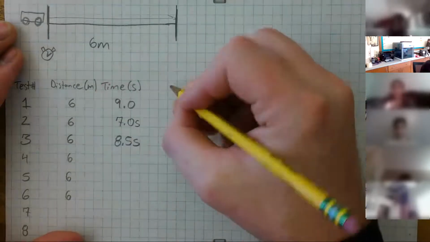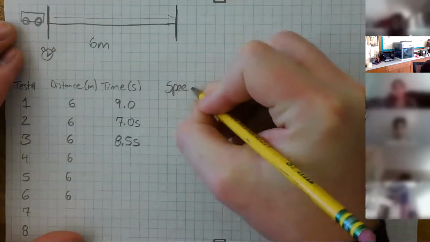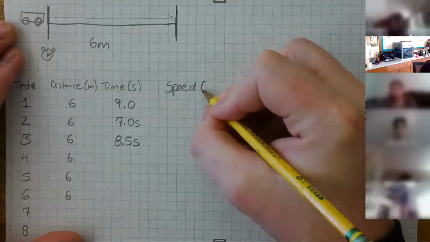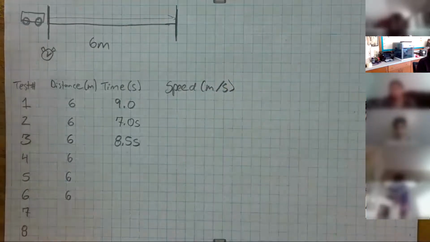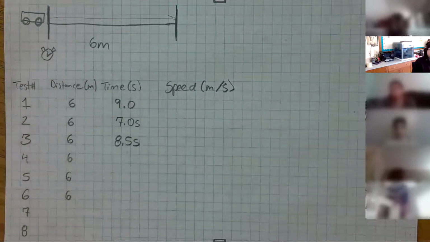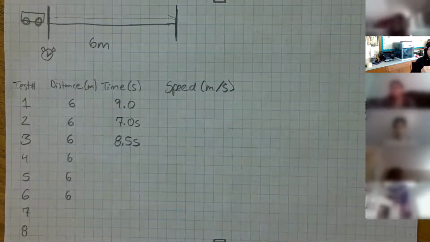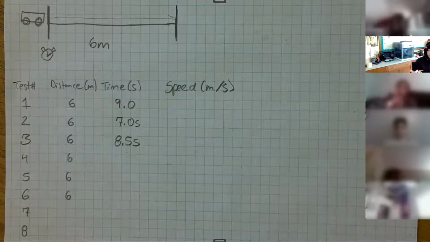We're going to figure out the speed. That's going to be our last column. Speed, that's in meters per second. So how do we get the speed? How do we calculate that for test number 1? How do we calculate that? Does anybody remember what speed is? It's a rate, right? So it's 2 different things.